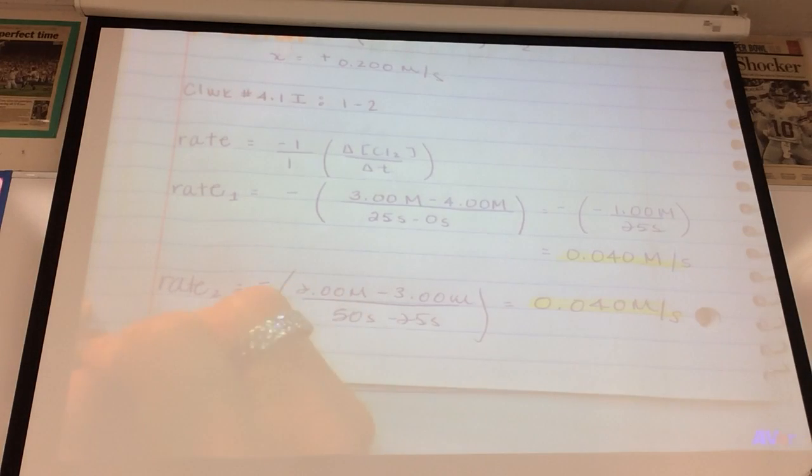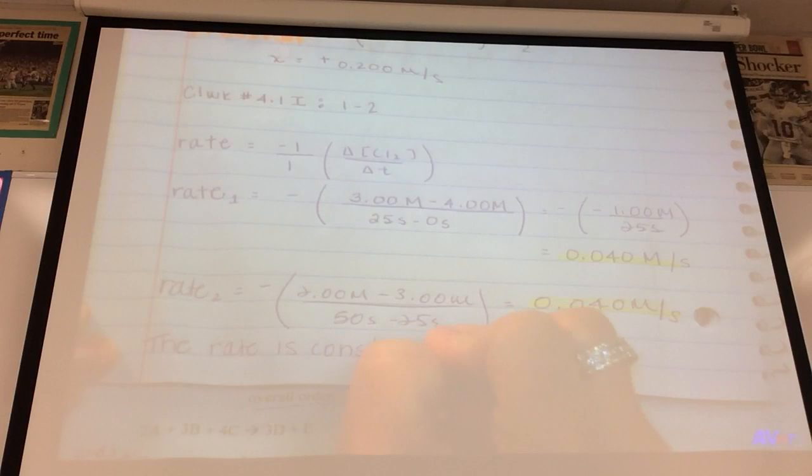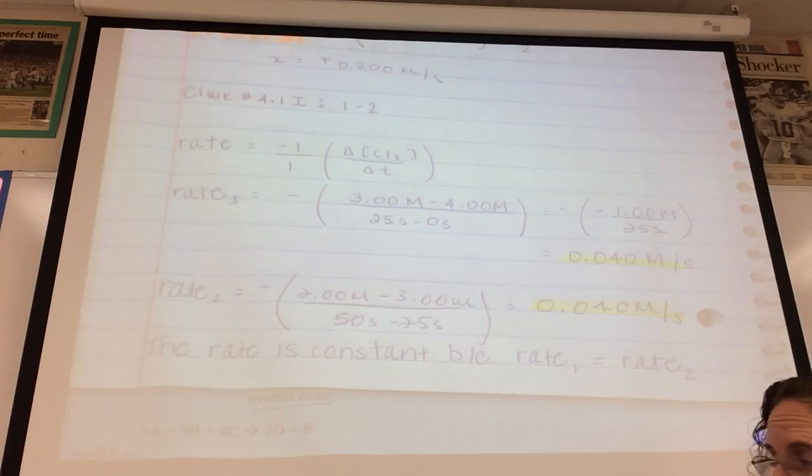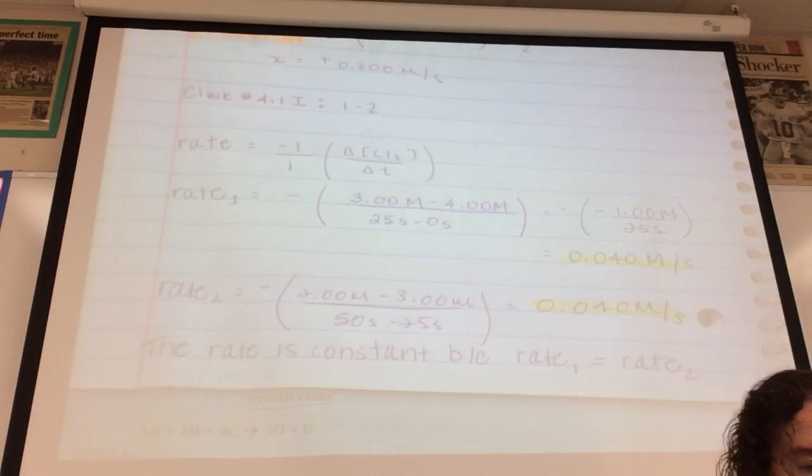So in this case, the rate is constant because the rate for the first interval is equal to the rate of the second interval. And I'll give you some examples where it's not.